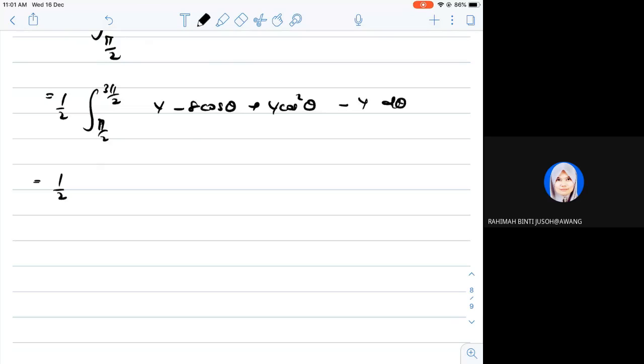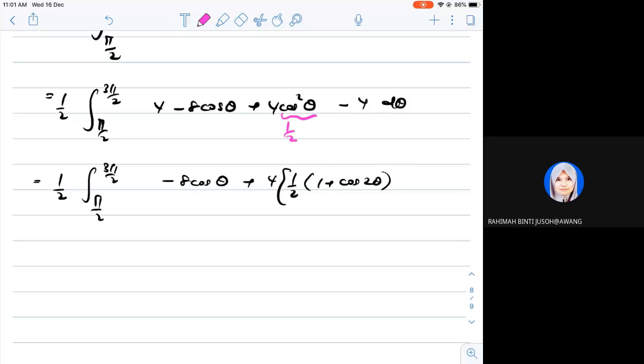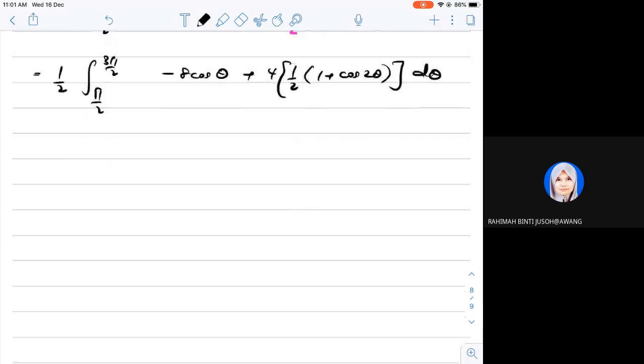So we have 1 over 2, 4 minus 4 habis. So pi over 2, 3 pi over 2. So negative 8 cos theta plus 4 times 1 over 2, 1 plus cos 2 theta lah. Ni sama macam tadi. 1 over 2, 1 plus cos 2 theta. Okay. D theta. So let us proceed.